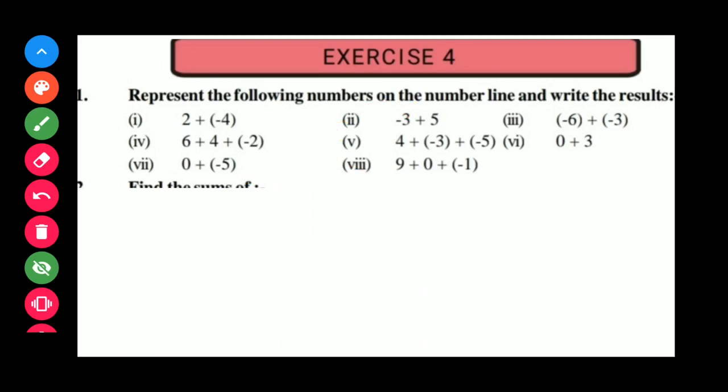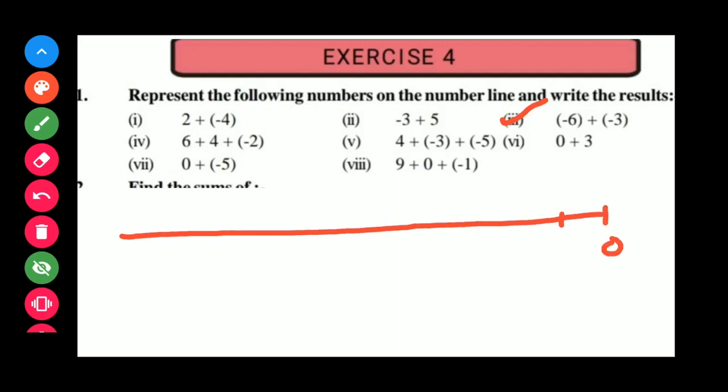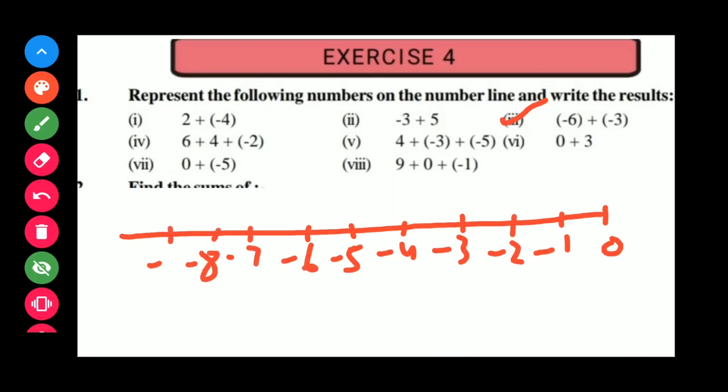Come to the third question. This is your third question. -6 and +-3. So you can draw like this. This is 0, -1, -2, -3, -4, -5, -6, -7, -8, -9, and -10.